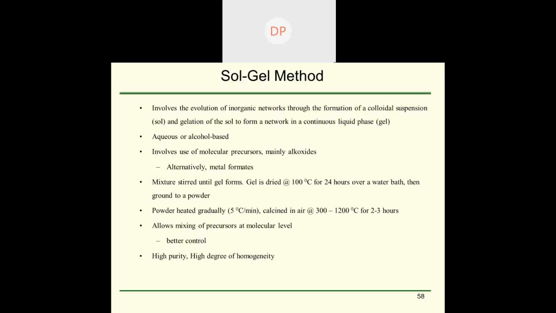Yeah. So in this slide, we have received one sample from a Thane industry, and it was an anatase type of material, and they were interested to convert this anatase material into rutile.